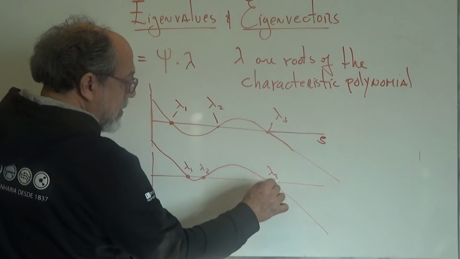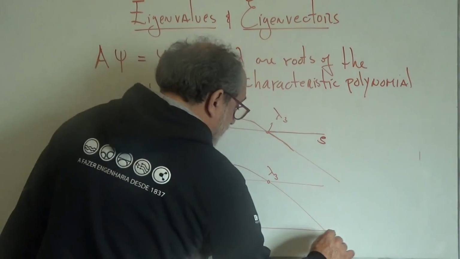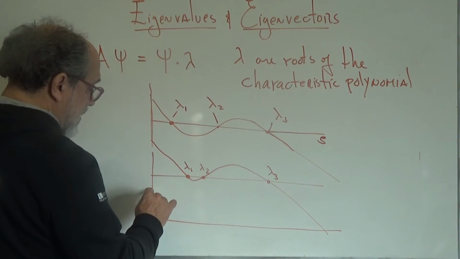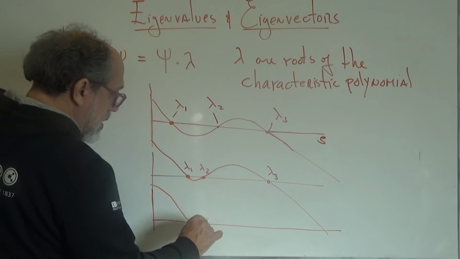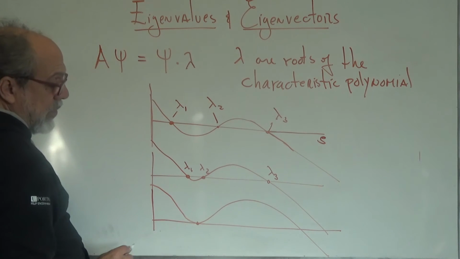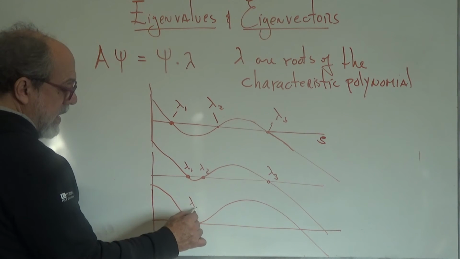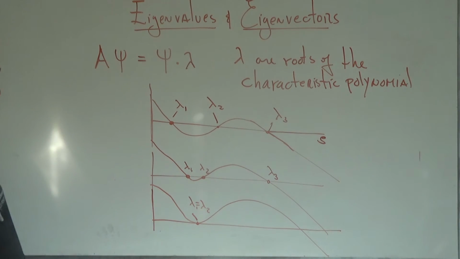And here is lambda 3. Now in the limit, there may be a set of parameters for which this thing just goes like this, and it just touches here. And so that means that lambda 1 and lambda 2 just became equal.